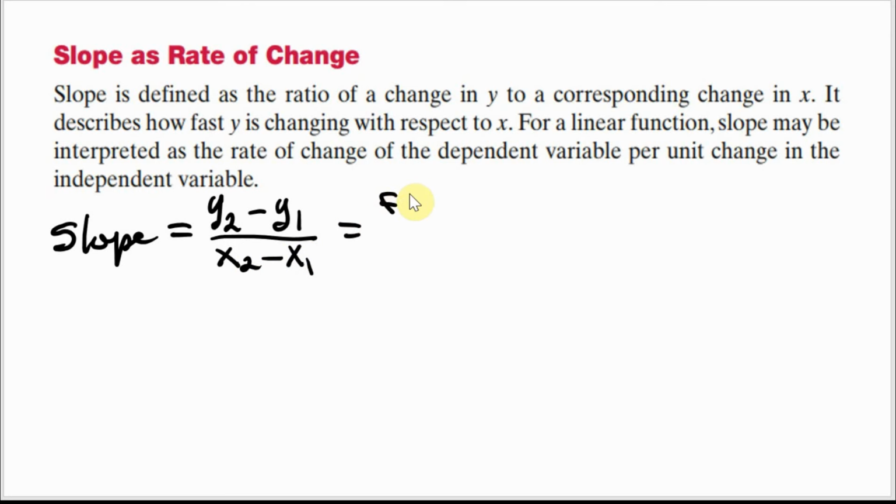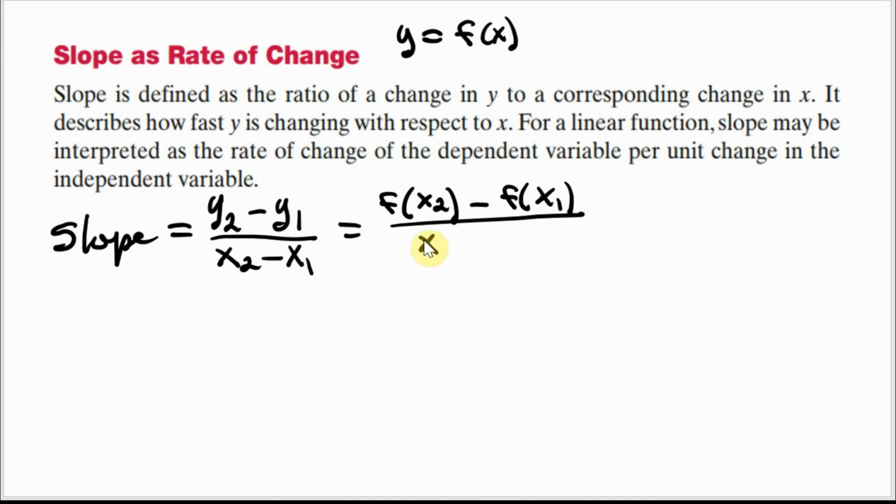This is the same thing if we look at a function. Y represents a function, y equal to f of x. So this is f of x sub 2 minus f of x sub 1 all over x sub 2 minus x sub 1.